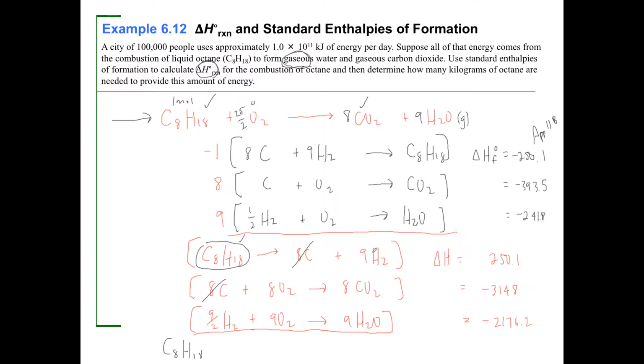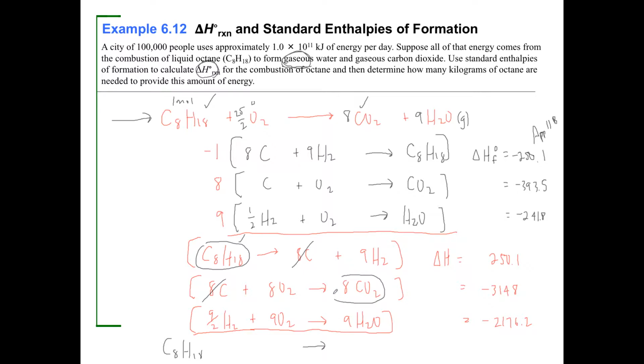I've got a mistake here somewhere, don't I? Because you see what happens is, there's no hydrogens up here, and I've got 9 hydrogens here, and so only some of them cross off. So what is the problem here? Well, let's keep going. We'll do hydrogens last.